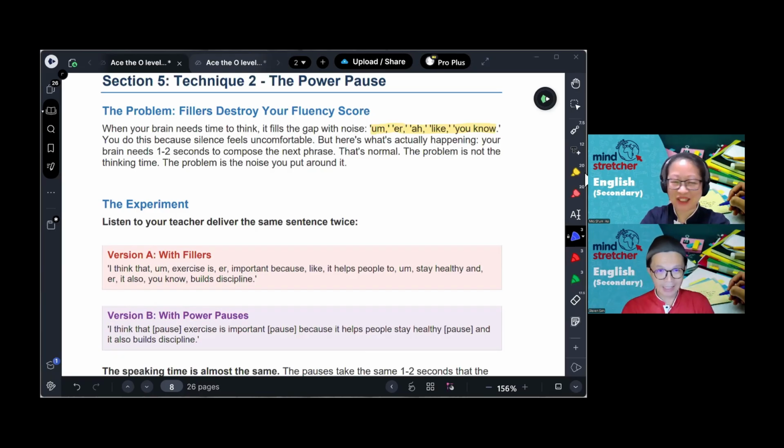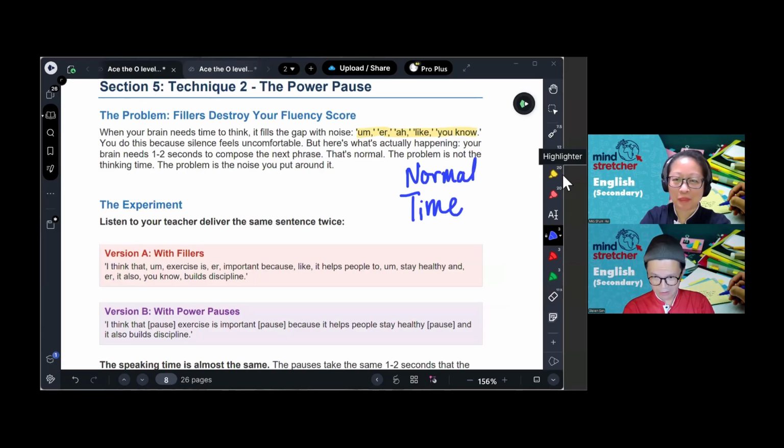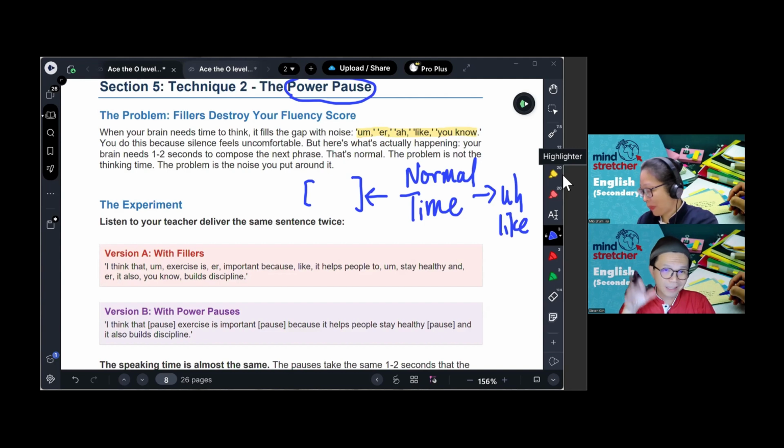Your understanding must be that it is normal. Everybody needs time to think. It is normal to say "uh" or "like." And so you just choose to use the power pause and say nothing instead, because the word itself is not important. What you're doing with the word, whether it's "uh" or "like," is to buy yourself that 1 second of reflection.